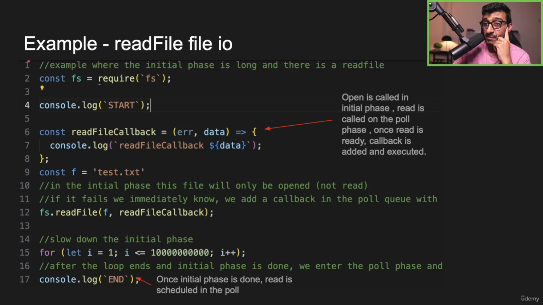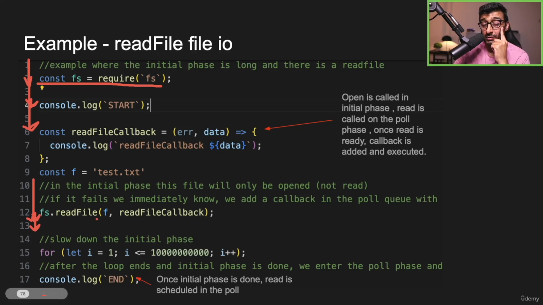If I'm executing code, if I am blocked by this function, that is synchronous, right? If I'm blocked by this function, that is synchronous execution. If I am calling a function like read file and I'm immediately continuing without actually being blocked by this function, I don't need to wait for this to finish, then this is asynchronous.